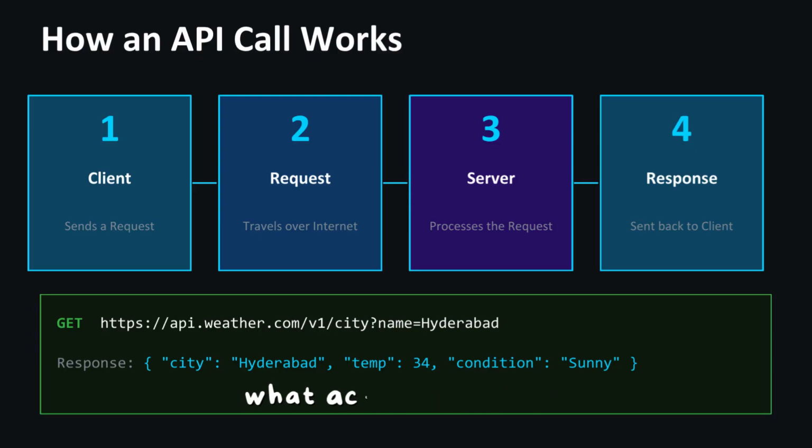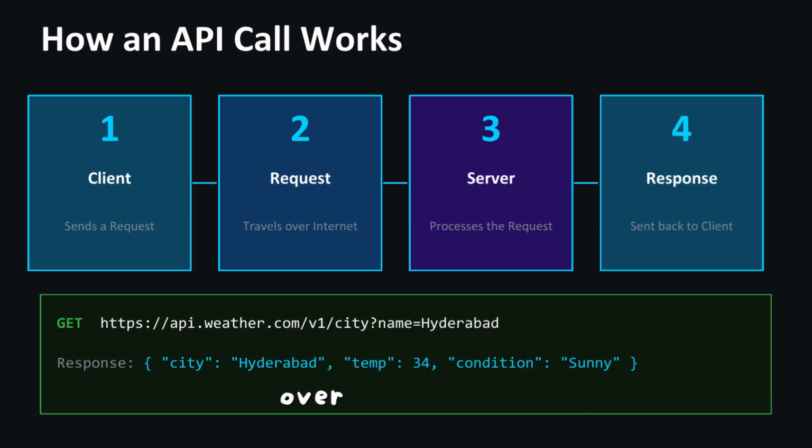Now let us understand what actually happens when an API call is made. There are 4 things involved: a client, a request, a server, and a response. Step 1. The client sends a request. This request has a URL, a method, and sometimes some data. Step 2.